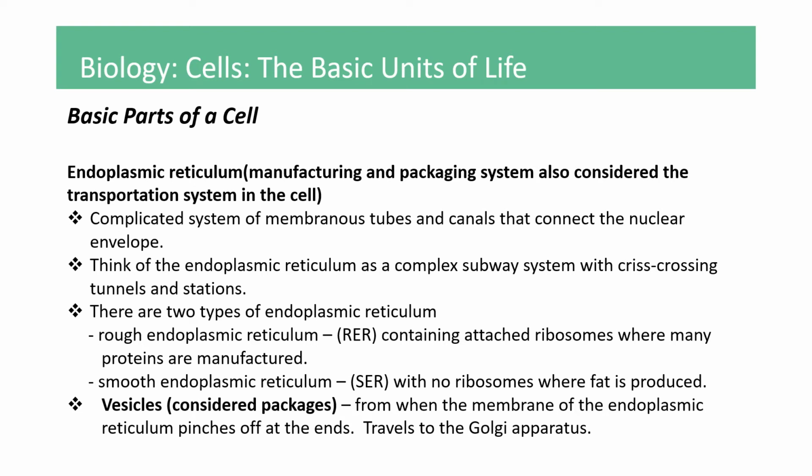There are two types of endoplasmic reticulum: rough endoplasmic reticulum, RER, which contains attached ribosomes where many proteins are manufactured. We also have smooth endoplasmic reticulum, or SER, where no ribosomes are located and where fat is produced.